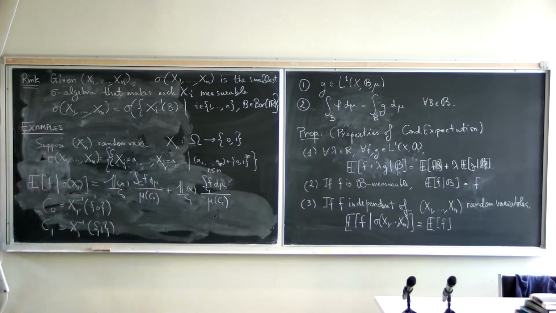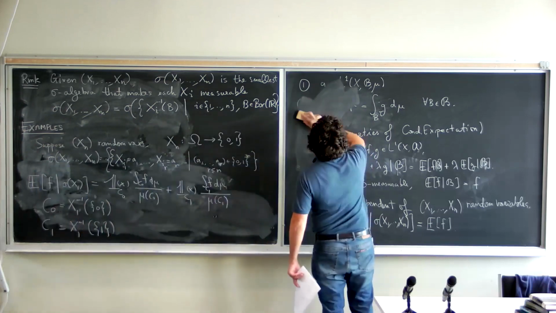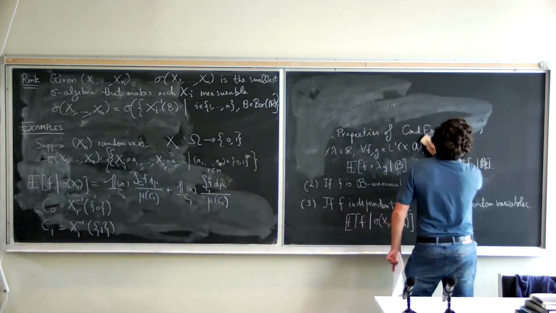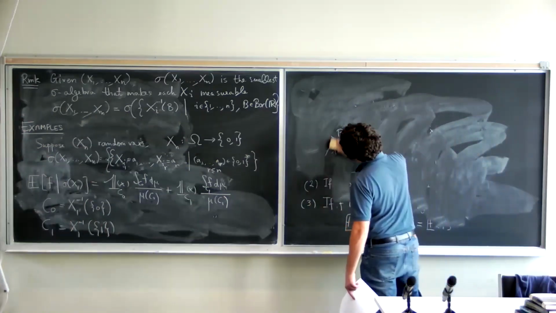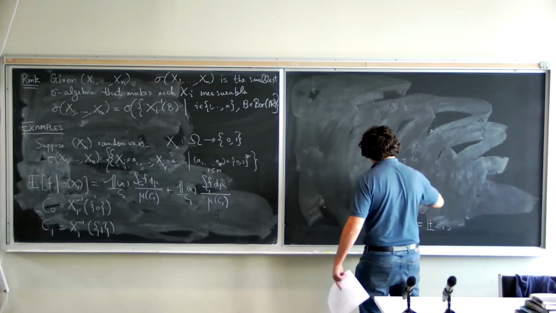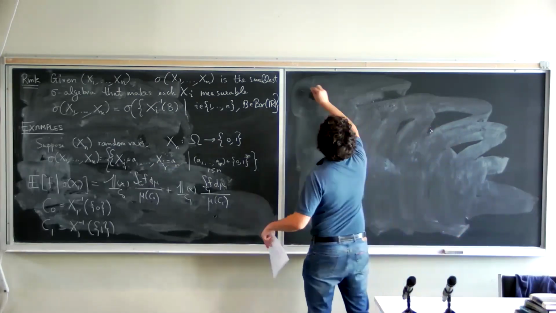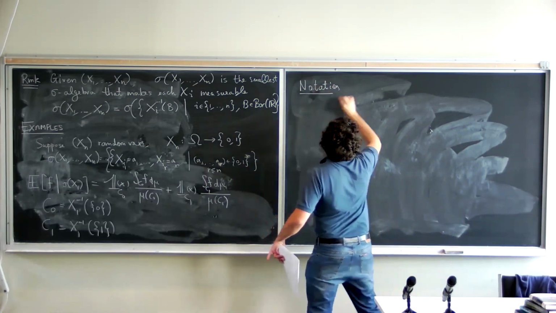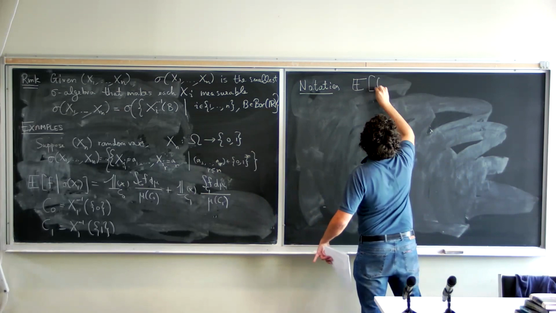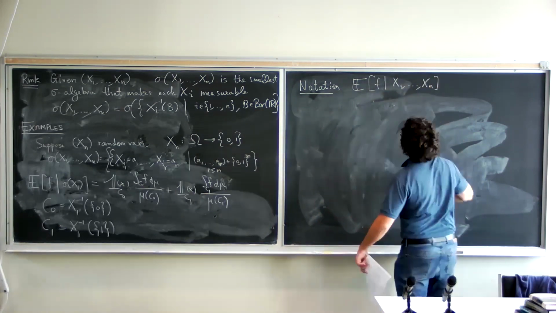So this function is now measurable with respect to the much smaller sigma algebra, which is this one. Okay? Maybe we can look at some exercise about this. Also, for notation, sometimes we just write the expectation of f given x1, ..., xn.